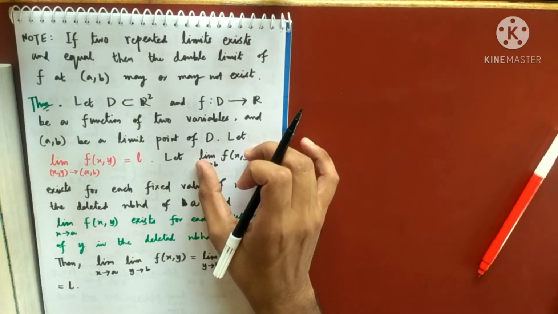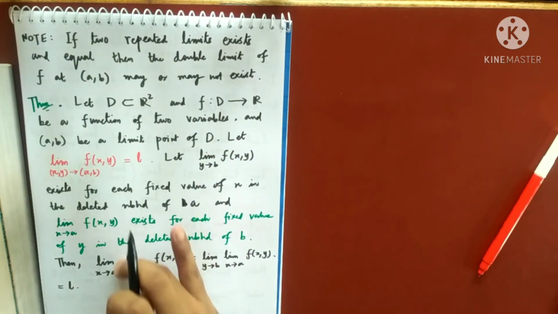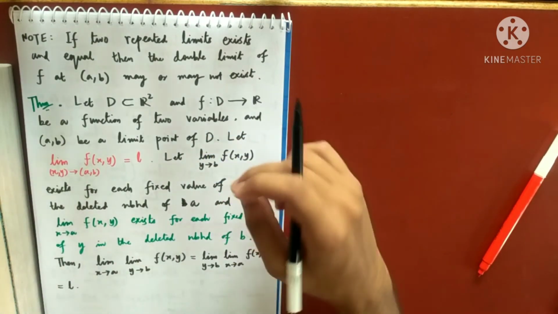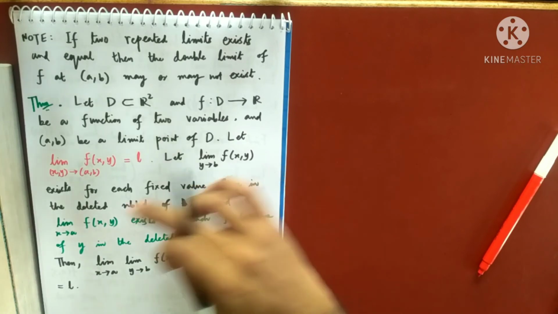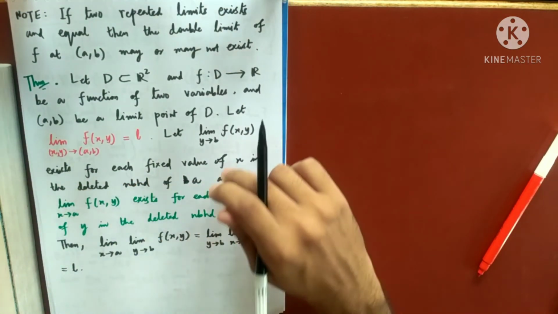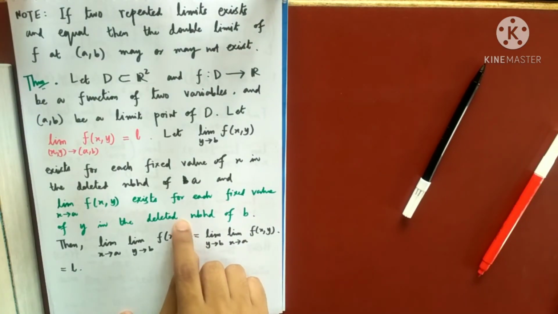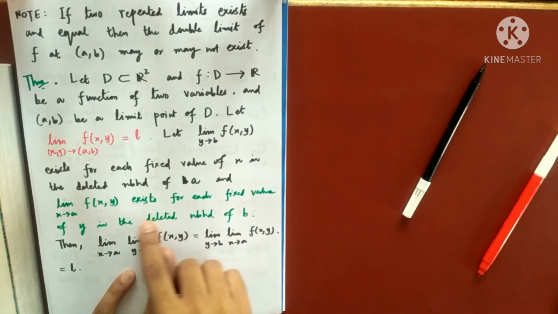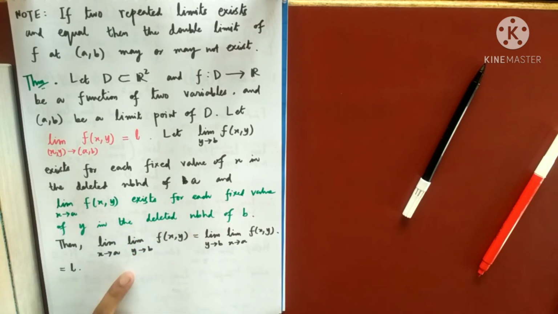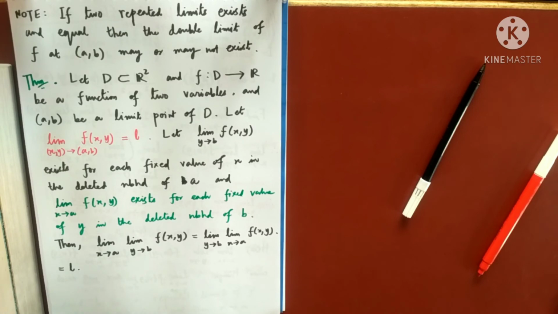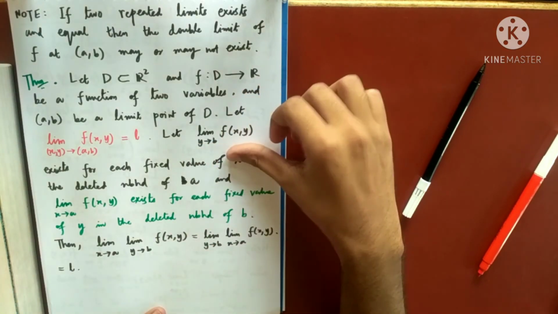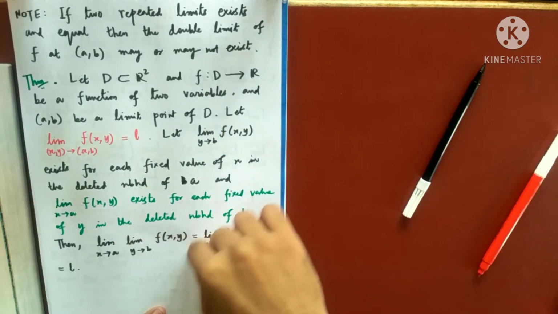Keep that in mind. This should exist for fixed value of x in the deleted neighborhood of a.